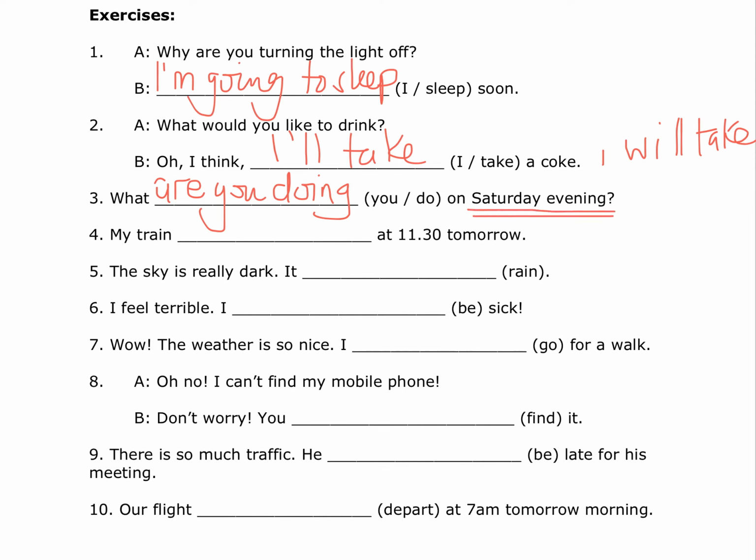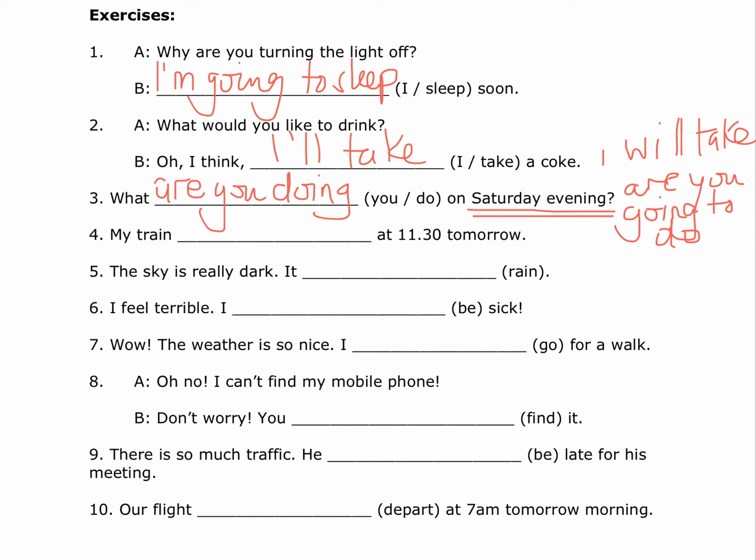So most of the English people would just use a normal present continuous. You could also say, what are you going to do on Saturday evening? So this is also correct.